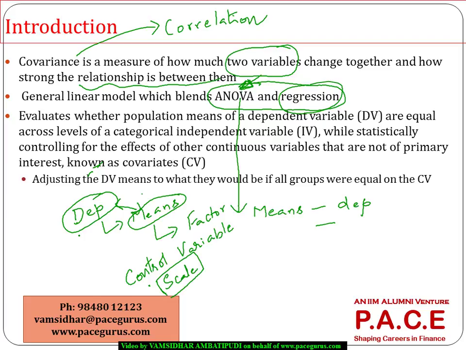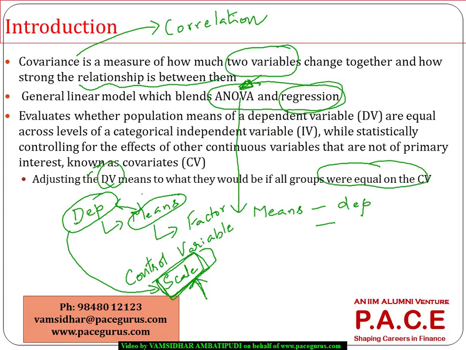So what we are doing as a part of ANCOVA analysis is bringing in these scale variables, trying to understand if there is any level of dependency on this scale variable, and if I neutralize the impact of this, that is what it means: adjusting the dependent variable as if all the groups were equal on the control variable.